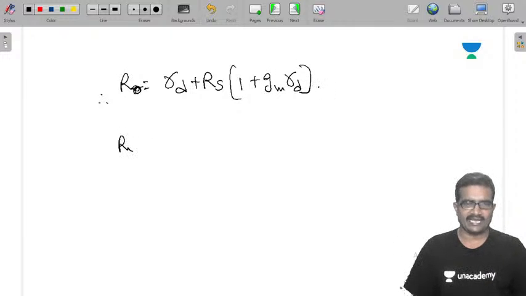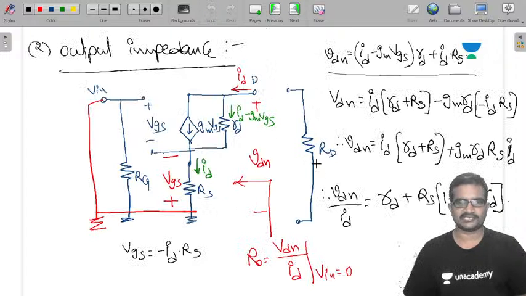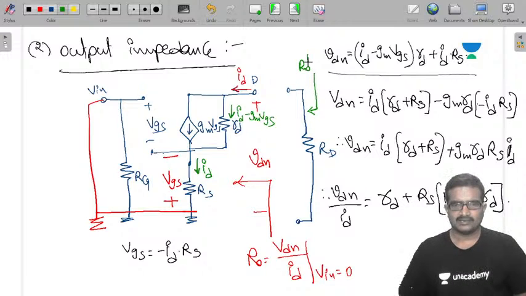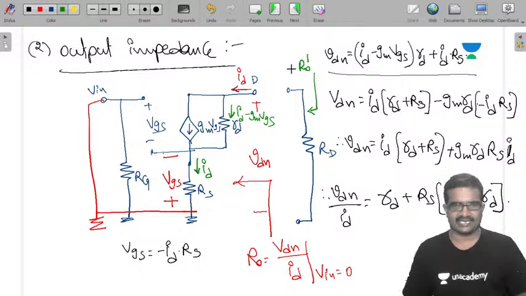Now R naught dash is capital Rd parallel with R naught. So the output impedance of this amplifier circuit is R naught dash.